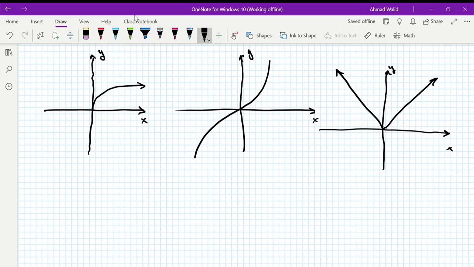To find which of these graphs represent a one-to-one function, we do a horizontal line test, correct?